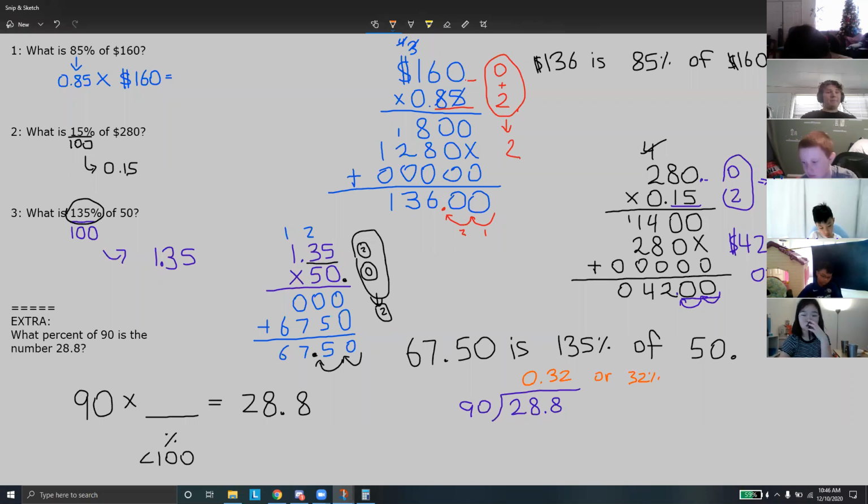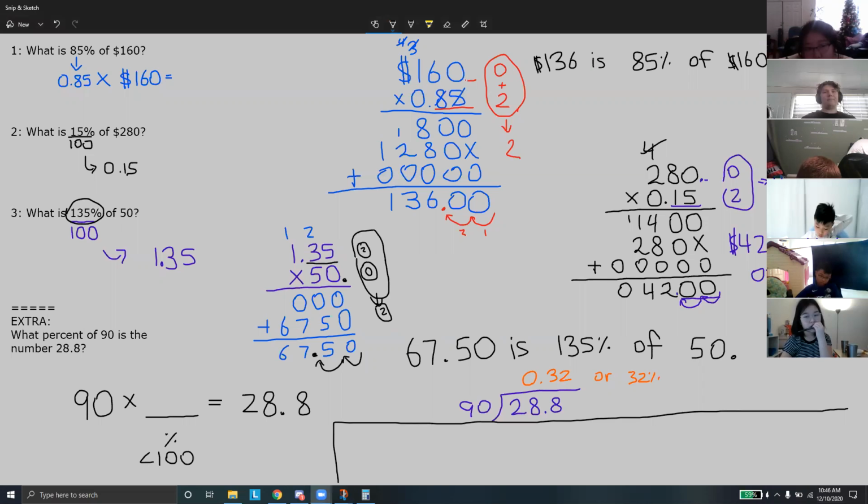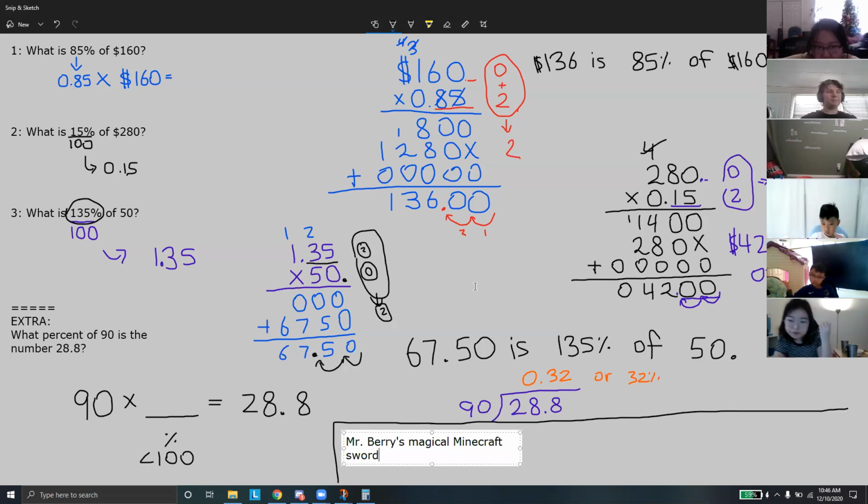Okay, we are clearly running into history time now, but I think it's worth taking two more minutes to go over this example real quick, because this is the fun example. Yay! Mr. Berry's magical Minecraft sword.